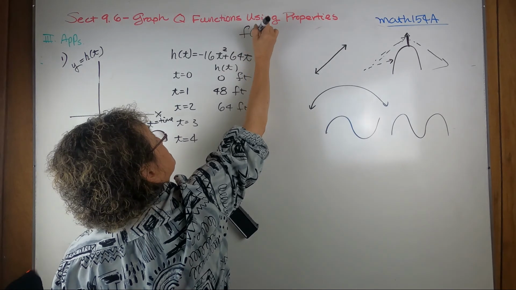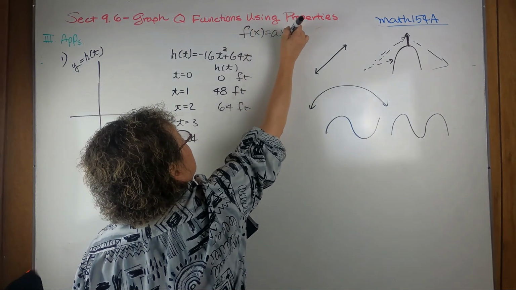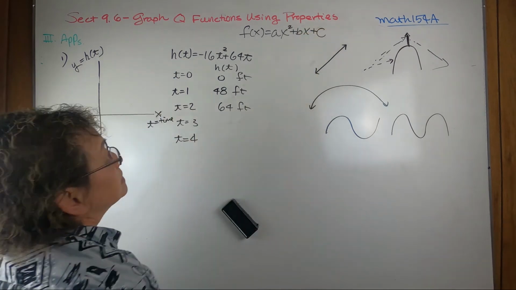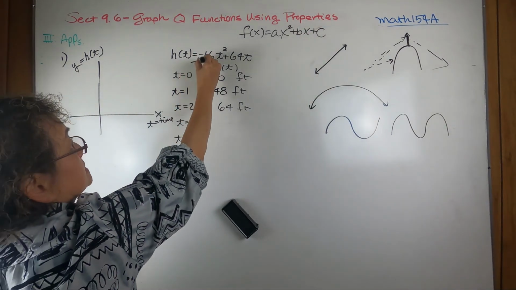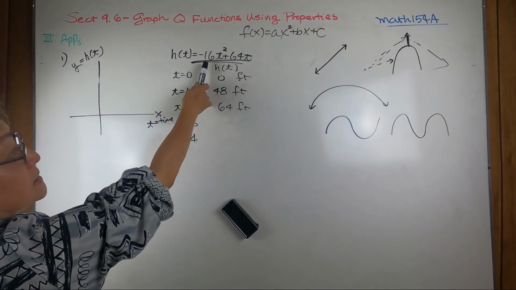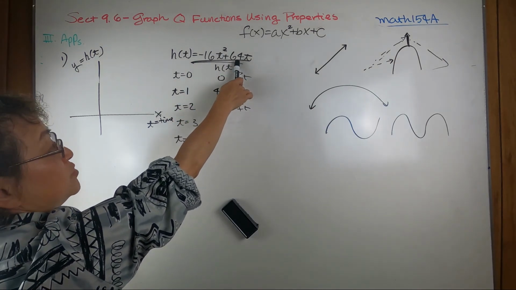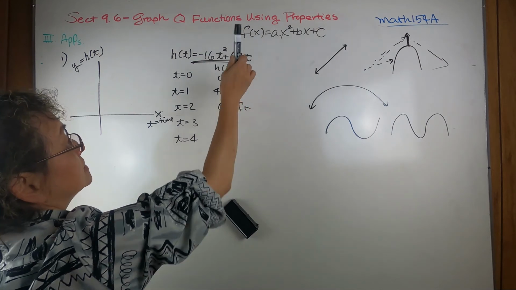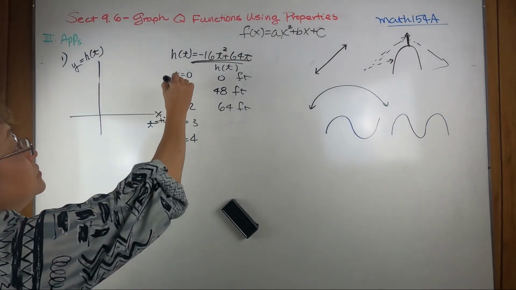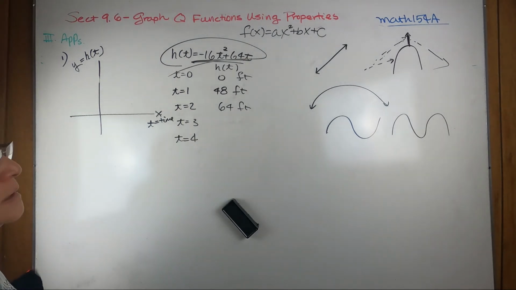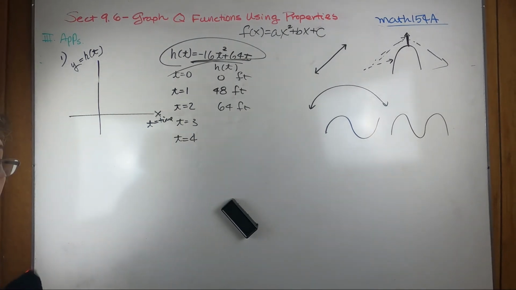Quadratic function is what? F of x equals ax squared plus bx plus c. Right? It's like this. What's your a? Negative 16. What's your b? 64. What's your c? 0. Right? So for this quadratic function, does it open up or open down?